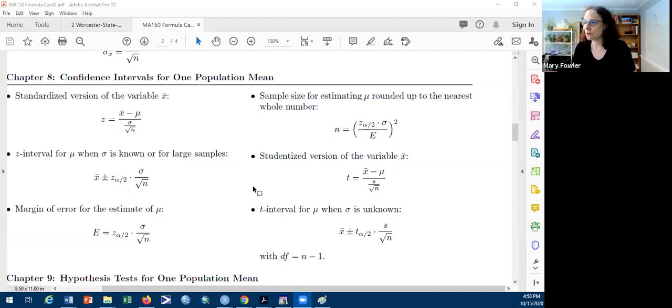And you'll note it looks just like the formula for the Z interval. So the T interval has the same form as the Z, except we're making two changes. Rather than going to the Z table, we're going to go to the T table. And rather than using sigma, we're going to use S. Okay, so this is the formula here.